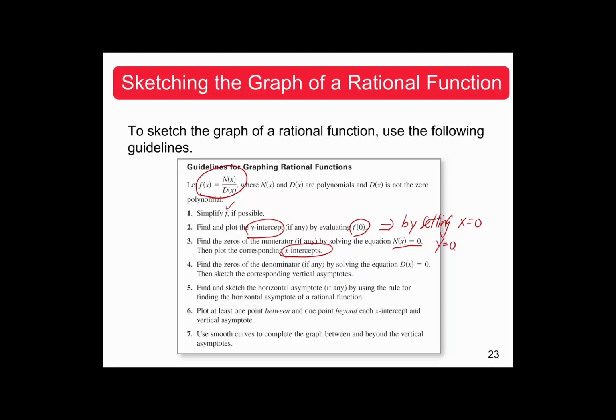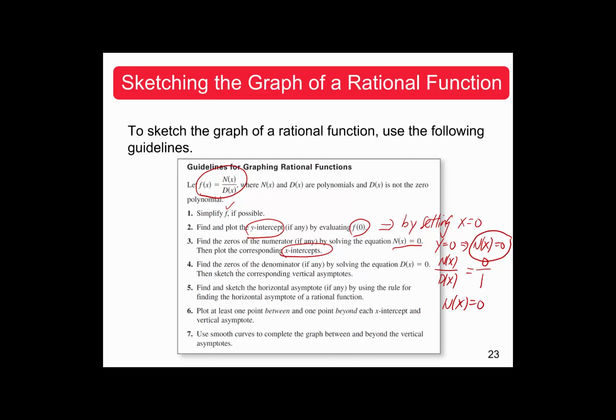And y equals 0 is the same thing as n of x equal to 0, because y is n of x over d of x. You set that equal to 0 and cross multiply, you get n of x equal to 0. That's why you only need to set the numerator n of x equal to 0 to find the x-intercept.